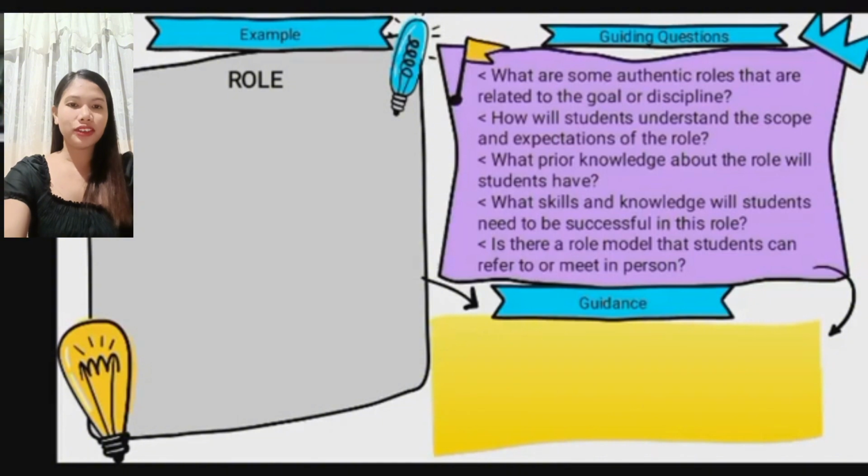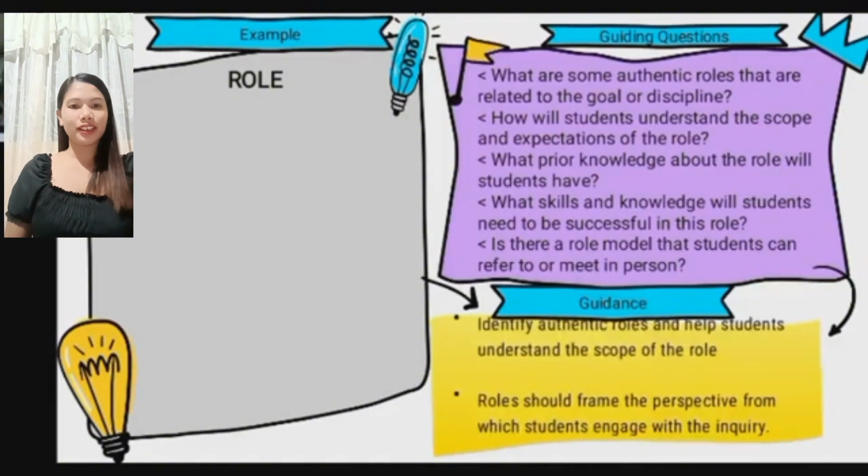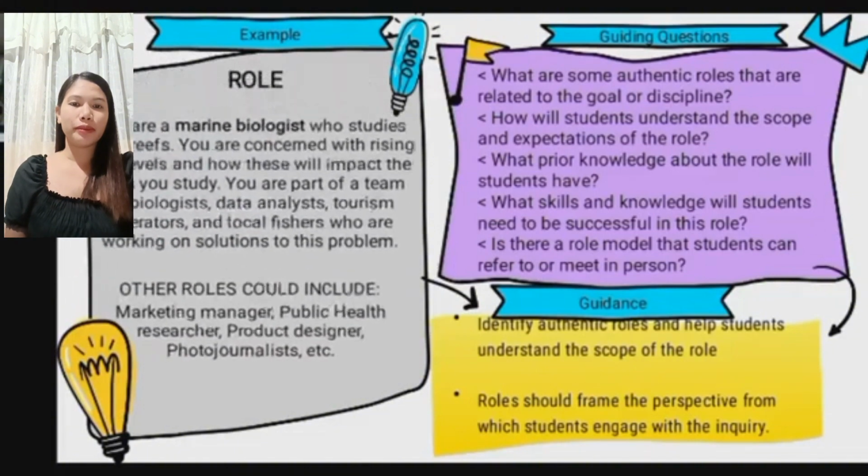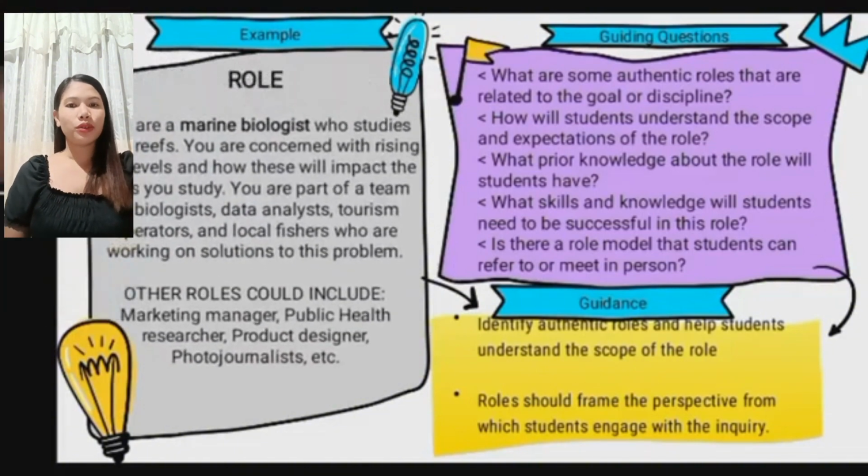So the guidance here is to identify authentic roles and help students understand the scope of the role. Roles should frame the perspective from which students engage in the inquiry. The example for it is: you are a marine biologist who studies coral reefs. You are concerned with rising sea levels and how this will impact the reefs you study.